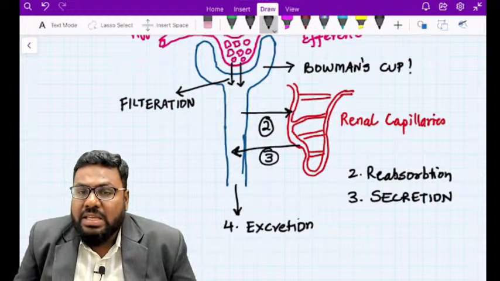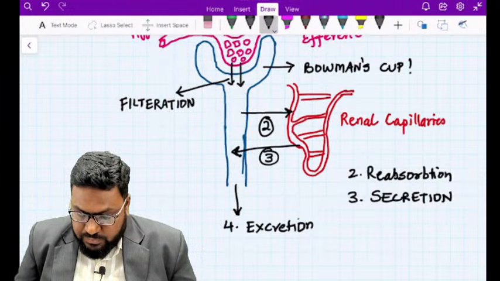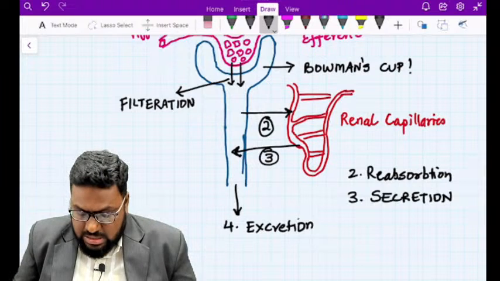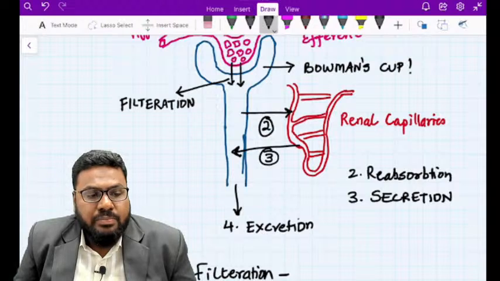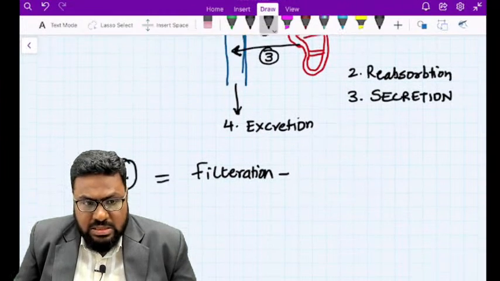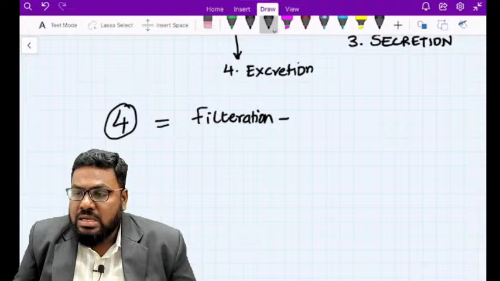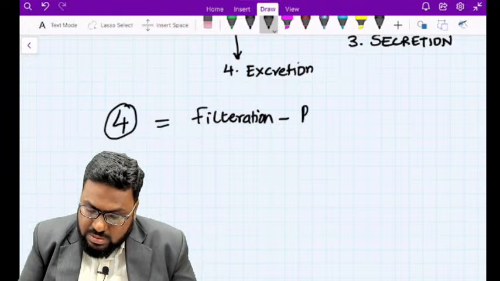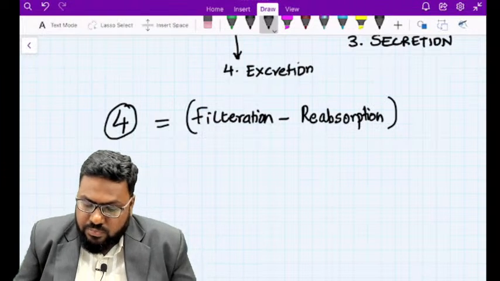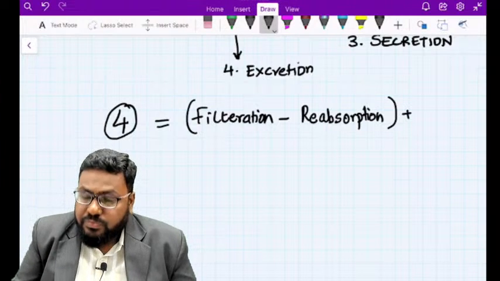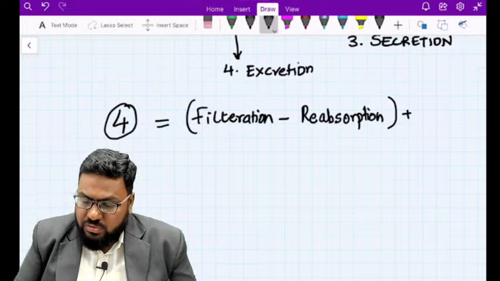Tubular excretion is nothing but the filtration, that is the amount of solute that is filtered, minus the amount reabsorbed, along with the amount of solute that is secreted.